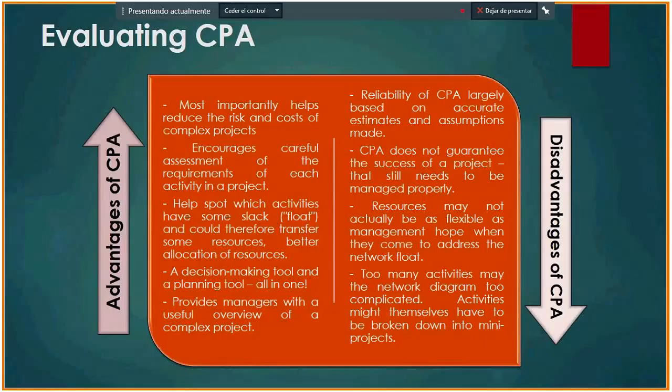Resources may not actually be as flexible as management hopes when it comes to addressing the network float. And too many activities make the network diagram too complicated. Activities might themselves have to be broken down into mini projects.